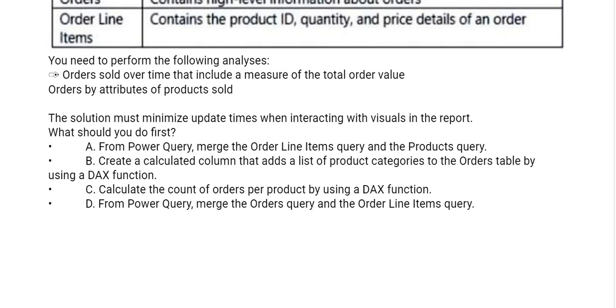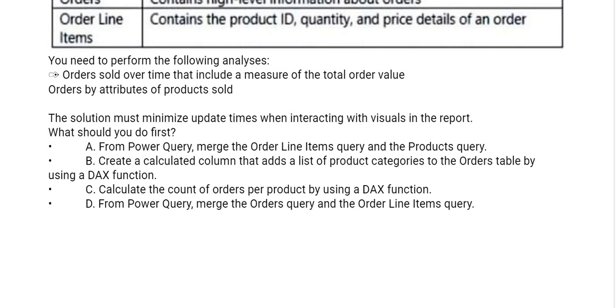Option A, from Power Query, merge the order line item query into the product query. Option B, create a calculated column that adds a list of product categories to the order table by using a DAX function. Option C, calculate the count of orders per product using a DAX function.